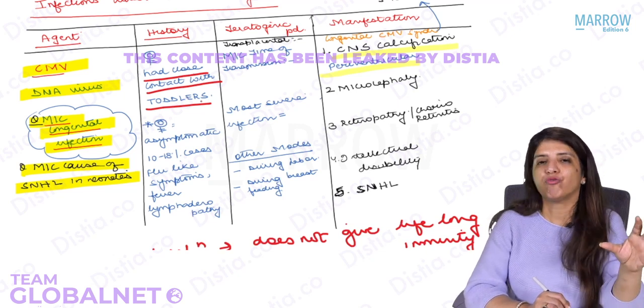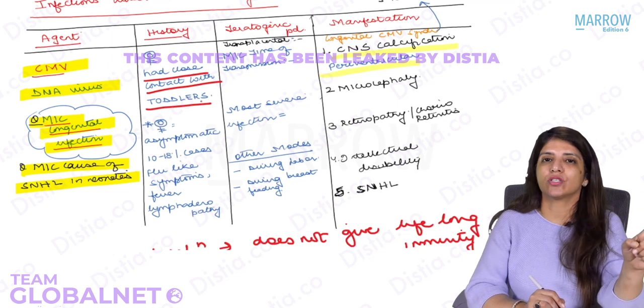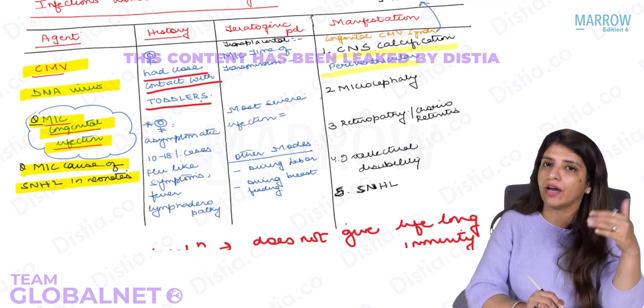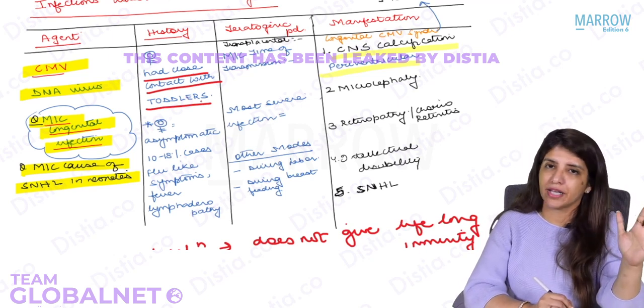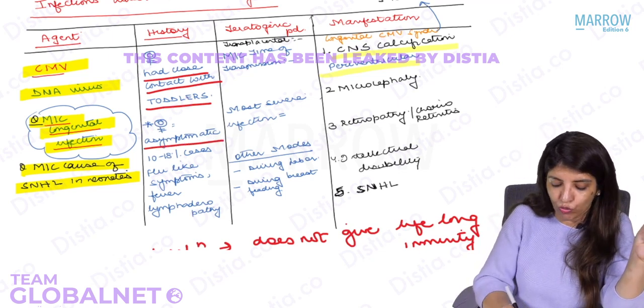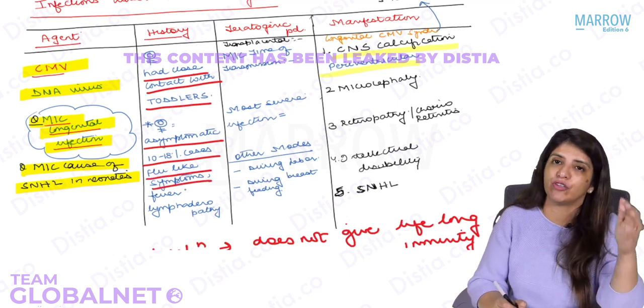If a pregnant female has had close contact with a toddler, then the chances of cytomegalovirus infection are high. Most of the females are asymptomatic. Only in 10 to 15% cases you get flu-like symptoms, fever and lymphadenopathy.